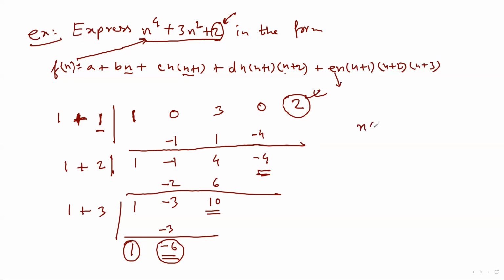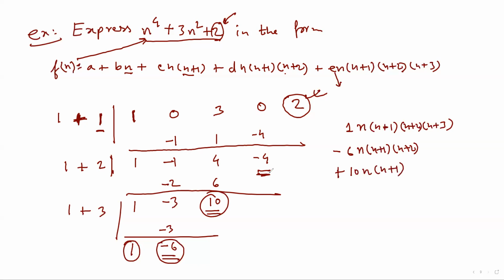So the first term should be n into n plus 1 into n plus 2 into n plus 3, and the coefficient is 1 here. Then comes minus 6 times n, n plus 1, n plus 2. Then comes plus 10, n, n plus 1.